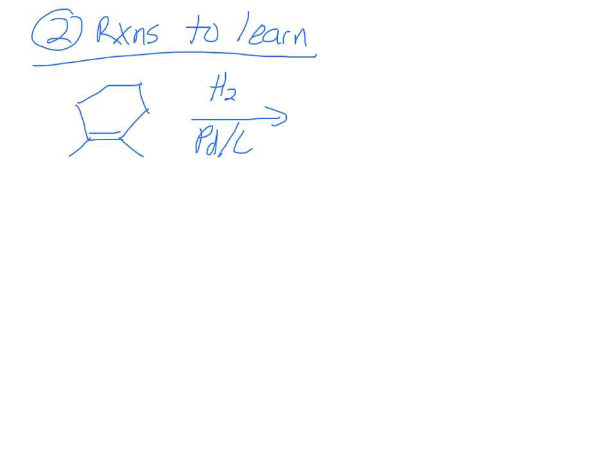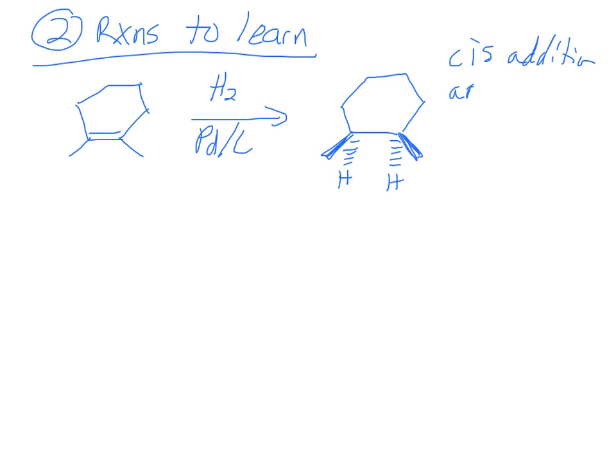All right, so this is called a hydrogenation. Essentially a way to add hydrogen to alkenes, to reduce alkenes. And the products you'll get here, the H's will add, and they always add cis. So it's a cis addition across the pi bond.